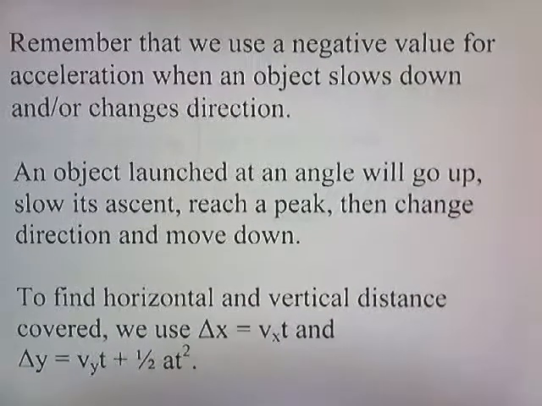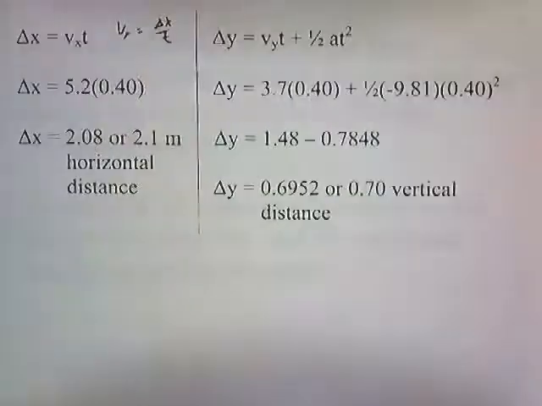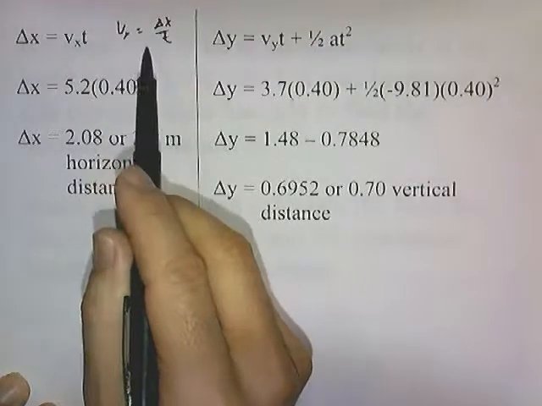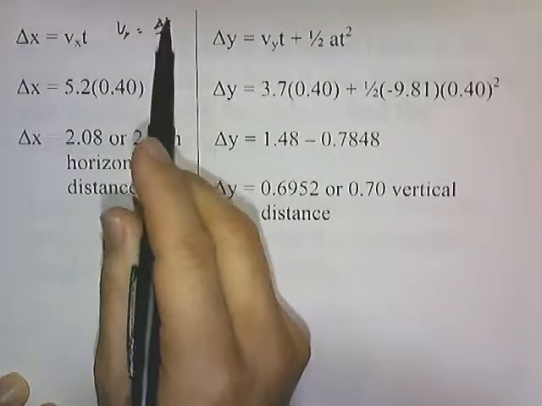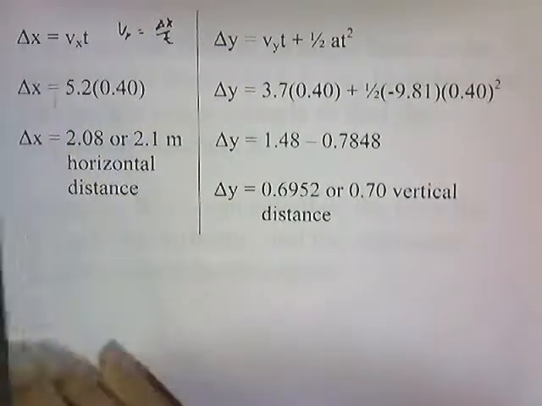Alright, so to find the horizontal and vertical distance covered, we'll use delta x equals vxt and delta y equals vyt plus 1/2 at squared. Delta x equals vxt is really just the velocity formula rearranged. Velocity is distance divided by time. Solving for x, you get delta x equals vxt.